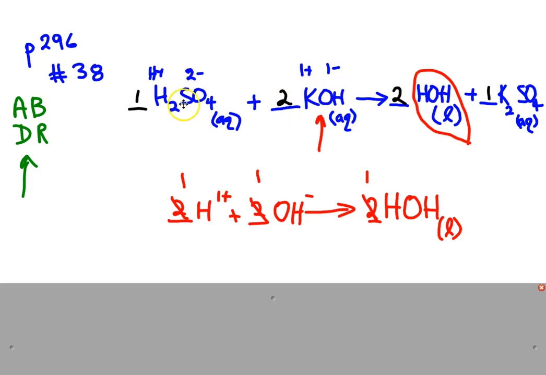I took the coefficients from the balanced equation and threw them in here, and with only these three species, a hydrogen, a hydroxide, and a water, the ratio is actually 1 to 1 to 1. So we reduced it from 222 to 111. But this would be then the net ionic, and we should always label those.